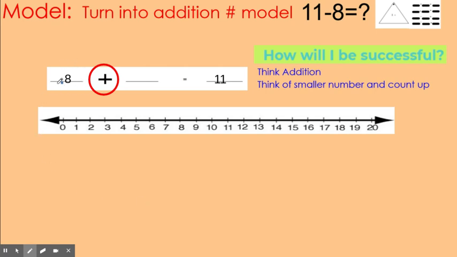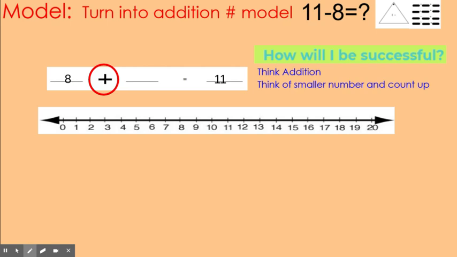So that is why I see the number 8 here. And when I count up, it's like an addition problem. So I'm going to think 8 plus what equals 11. Do you see how I turned this problem around? I used my fact family to help me put this into an addition problem.